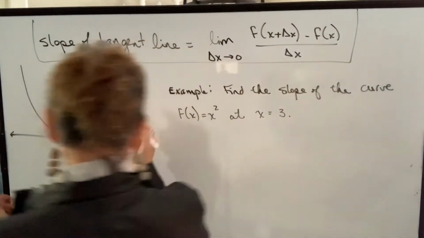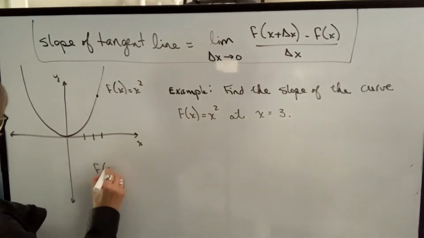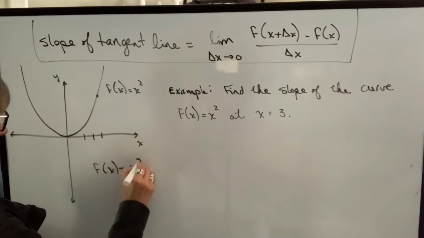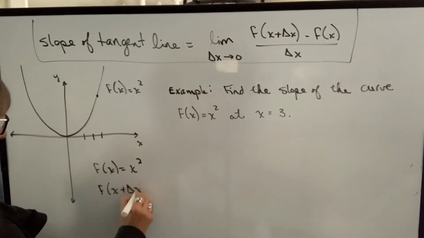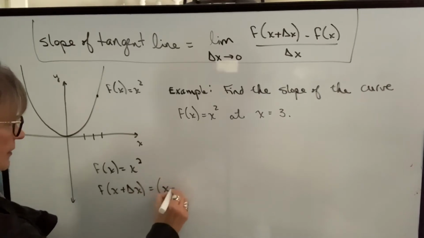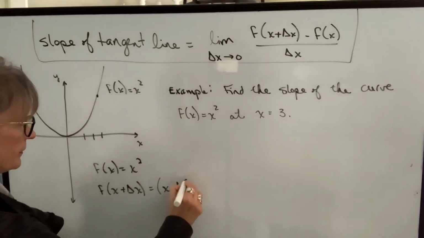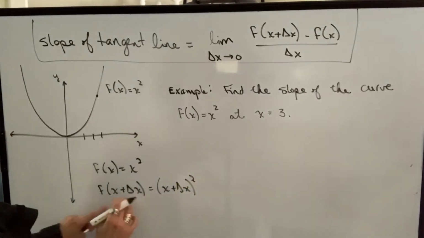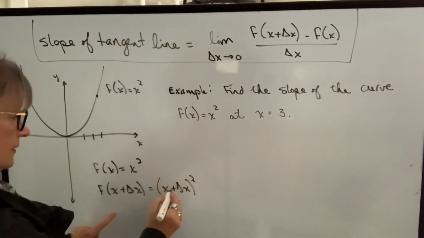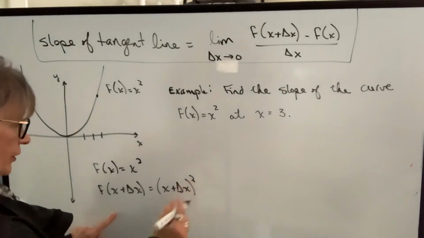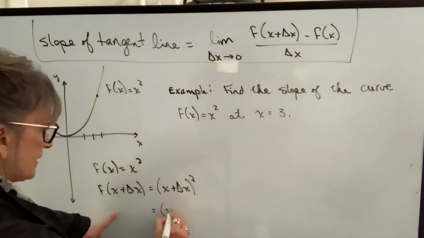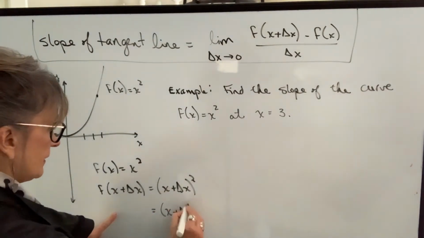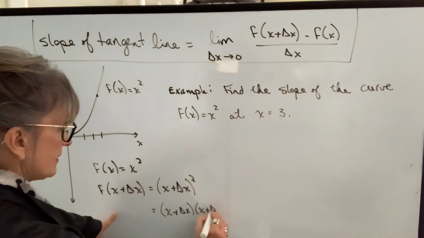Now remember that if f of x is equal to x squared, then f of x plus delta x will be (x plus delta x) squared. That's going back to some work I did on functions in an earlier video. When I expand that, remember it's going to be (x plus delta x) times (x plus delta x).